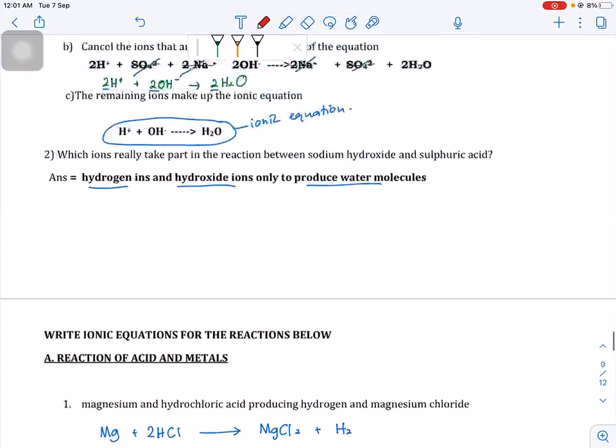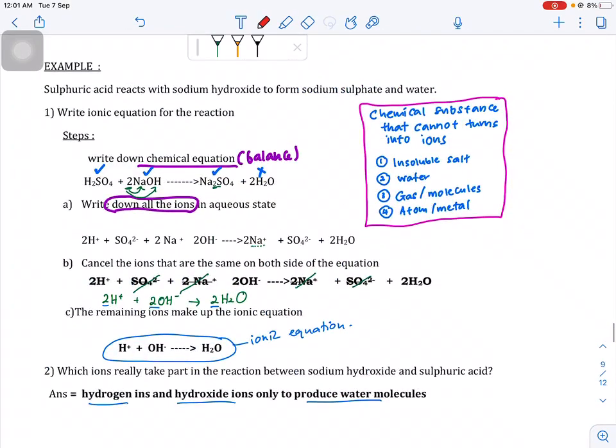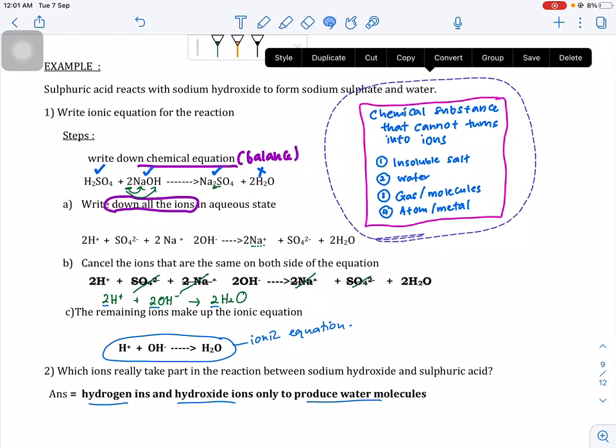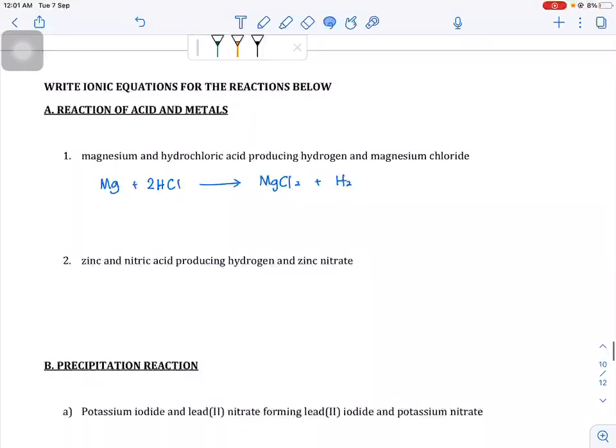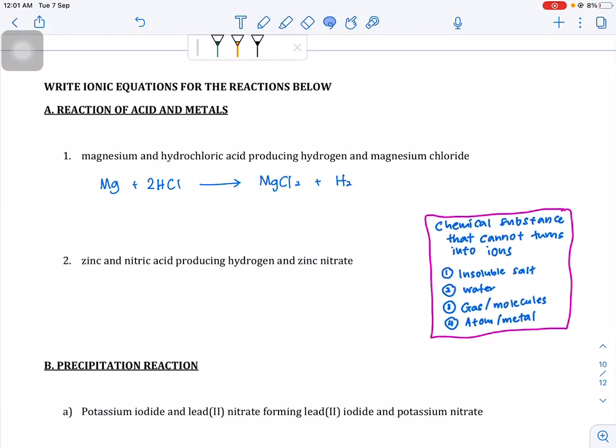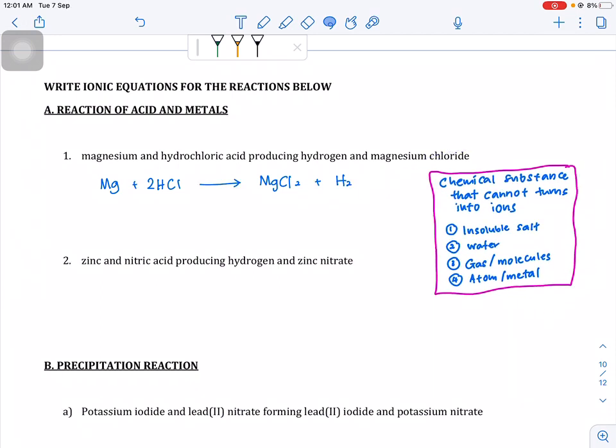Okay, so magnesium, look at here, dia ada dalam list ke tak? Kalau dia ada dalam list, memang kita tidak dibenarkan untuk split dia kepada ions. So, magnesium is a metal. So, dia ada dalam list. So, dia tak boleh nak pecah-pecah lah.